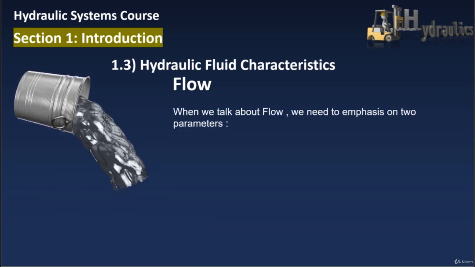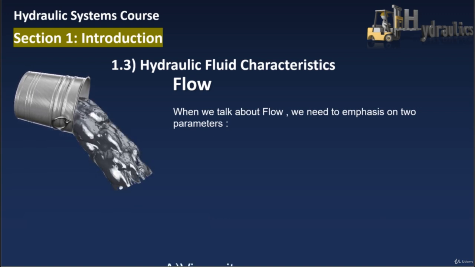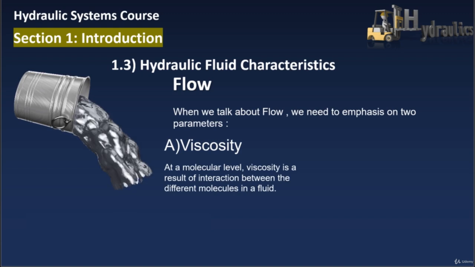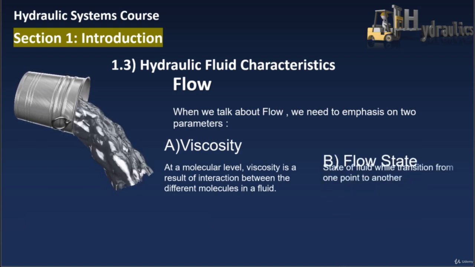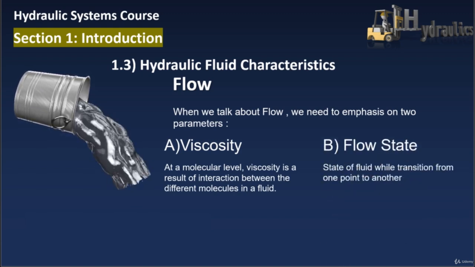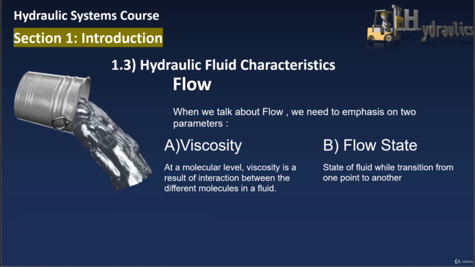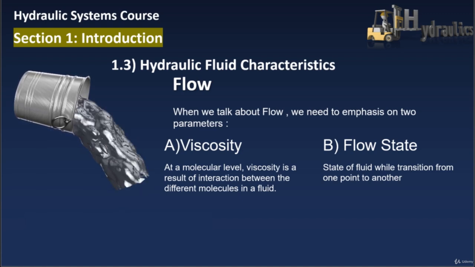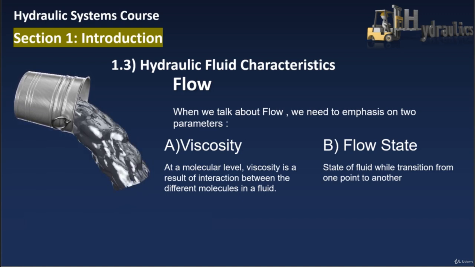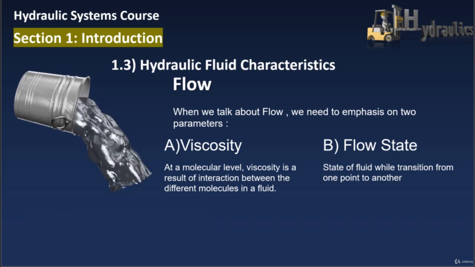When we talk about flow, we need to emphasize two important parameters. Number one, the viscosity, and the second one, the flow state. At the molecular level, viscosity is the result of interaction between different molecules in a fluid.